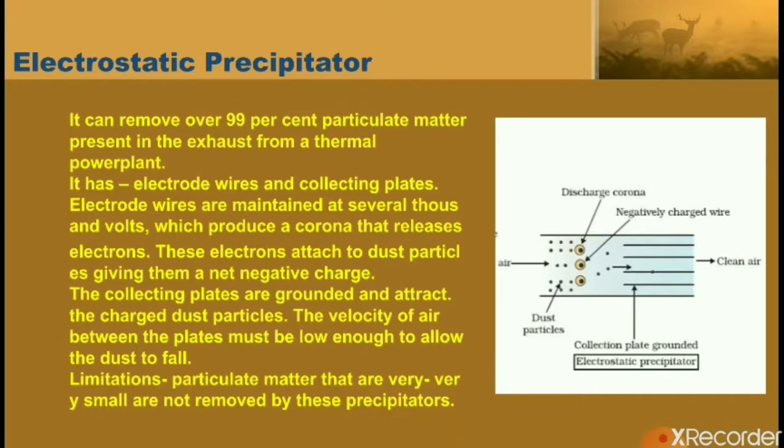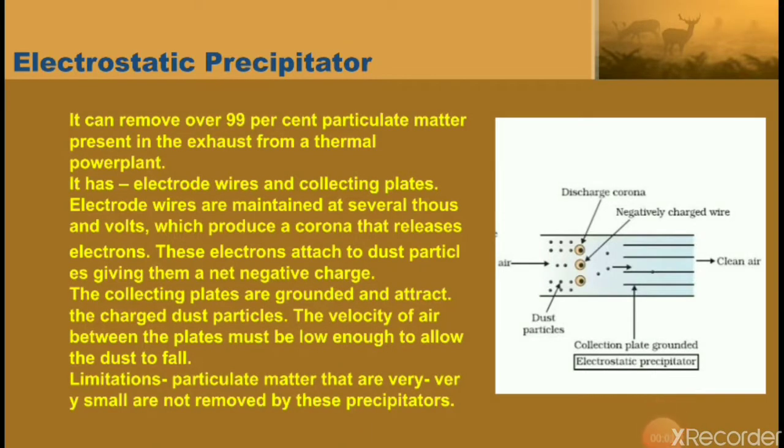In this process, the velocity of air between the plates must be kept low enough to allow the dust to fall. In this way, it helps to purify the exhaust coming out from a thermal power plant. It has a limitation: very fine particulate matter cannot be removed by this method.